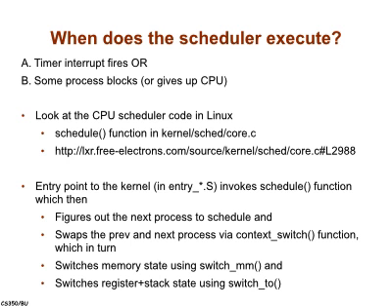So next, let's take a look at when exactly the CPU scheduler code executes. There are primarily two ways in which the CPU scheduler's code can be executed. First is if a timer interrupt fires, which means every computer has hardware that implements timer functionality.